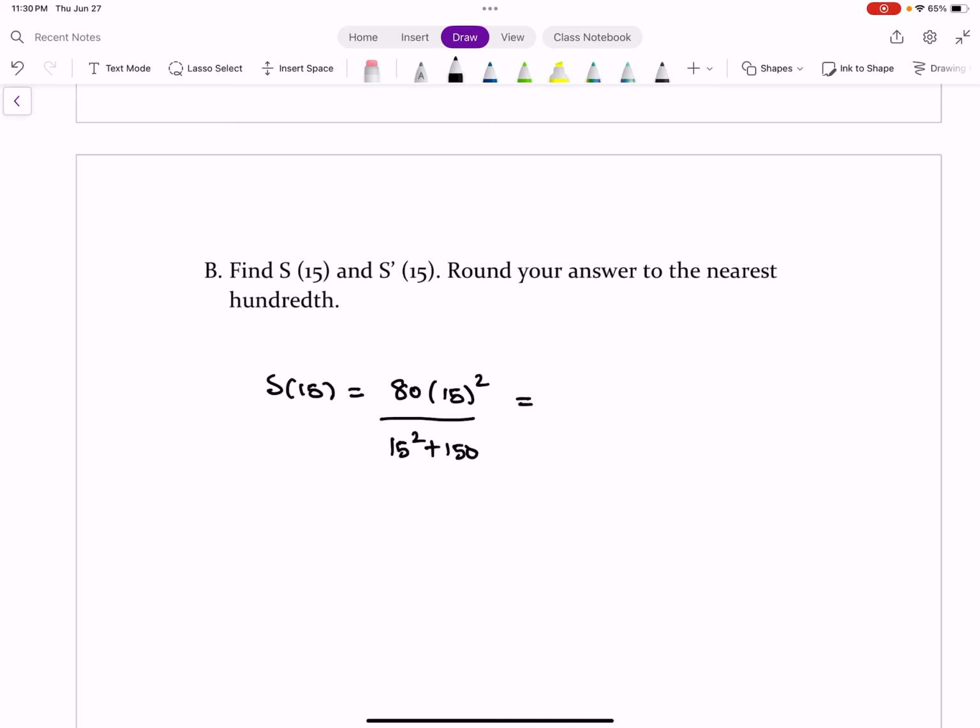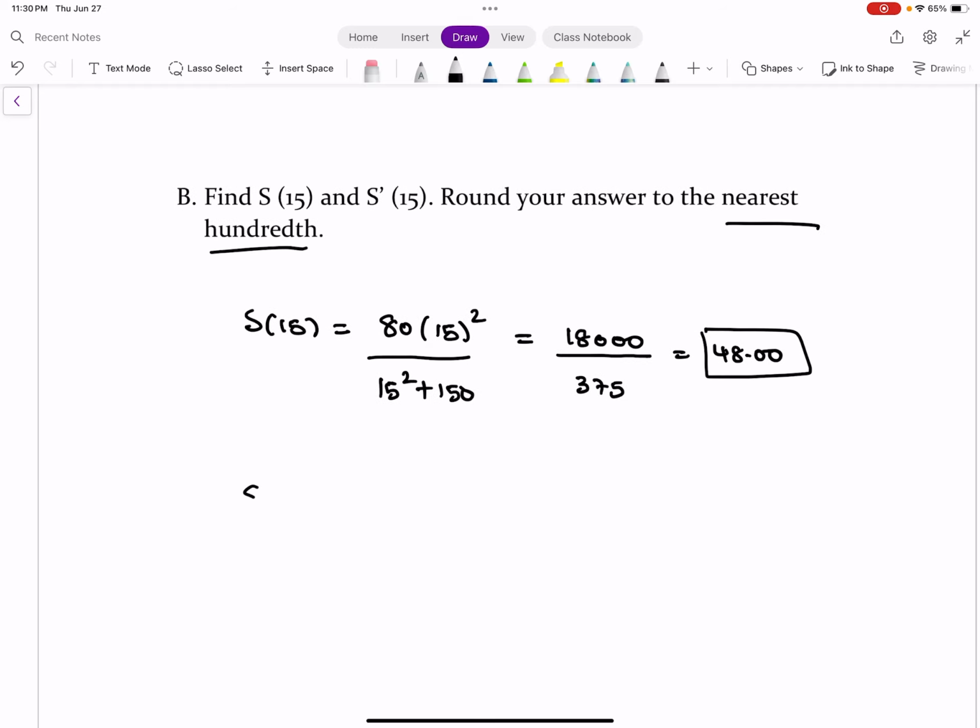I use my calculator and the top one is 4,050. The bottom one is 375 and the result is 10.8, rounded to the nearest hundreds, 48,000.